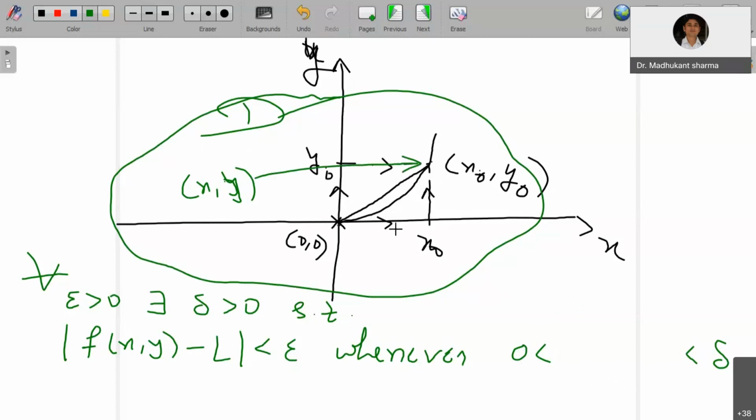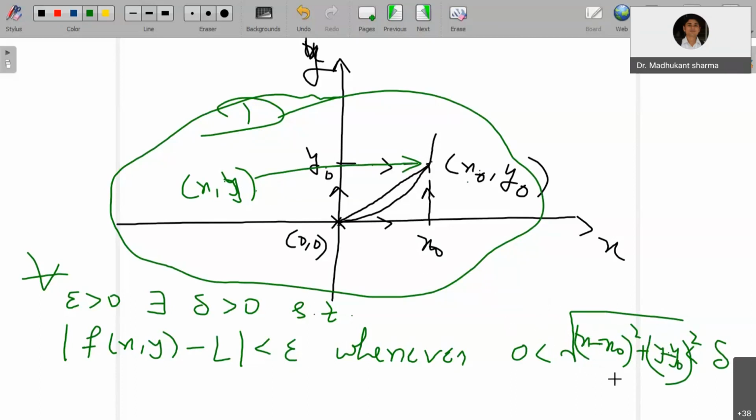So what is the way to decide the distance between these? You know, the square root of x minus x naught whole square plus y minus y naught whole square. The usual distance formula, square root of this. That has been generalized.